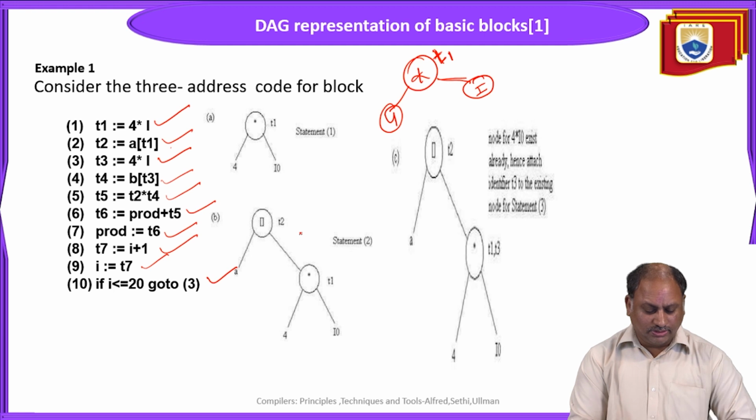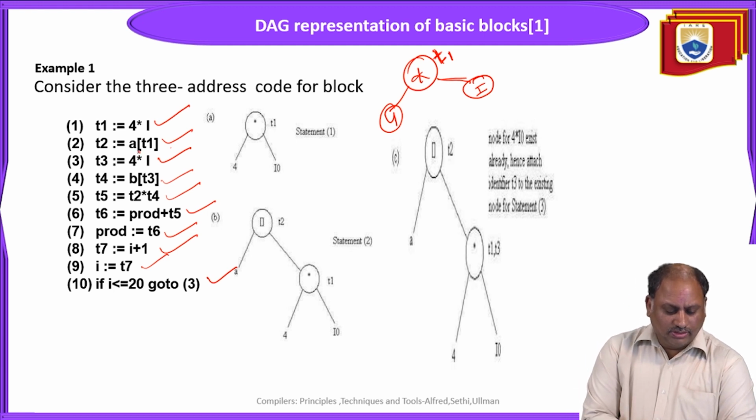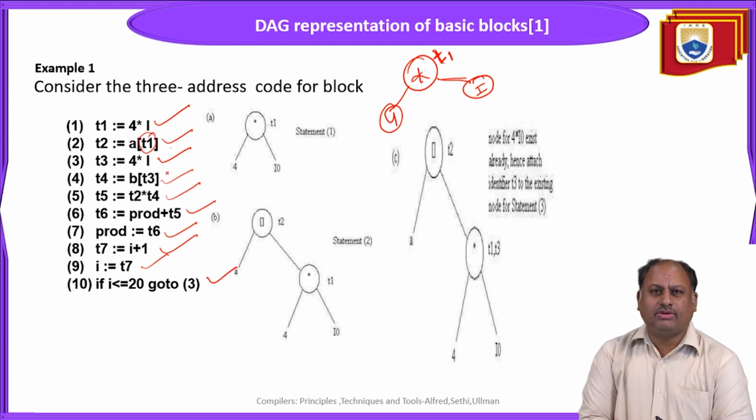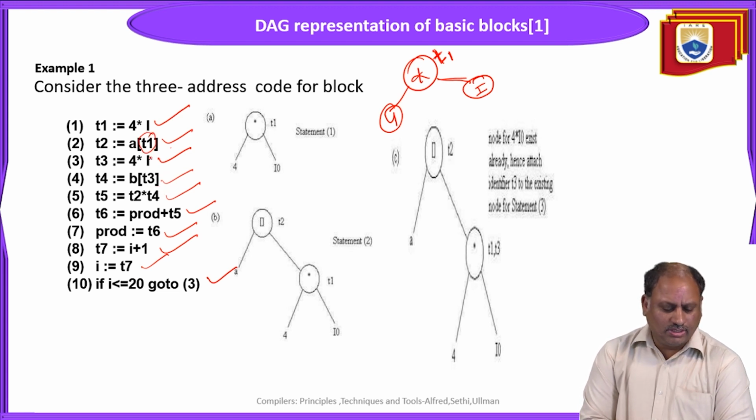Whereas the second statement is represented as T2 equal to A of T1. But we have already computed T1, so there is no need to compute T1 once again. Here the computation is of array type. So we are going to make this an array computation, which is T2, equal to A of T1.